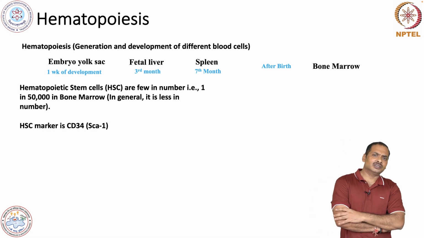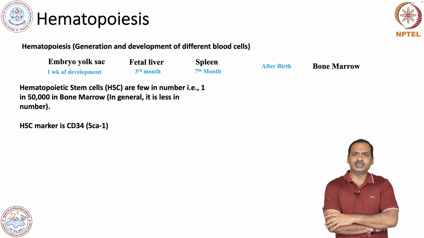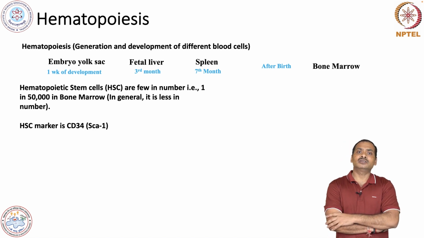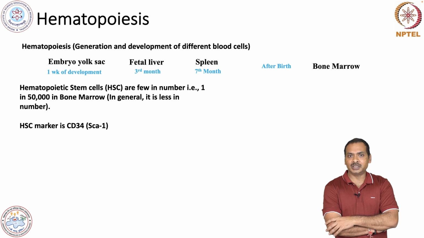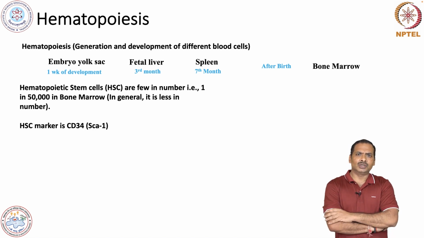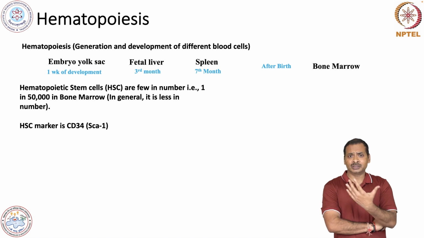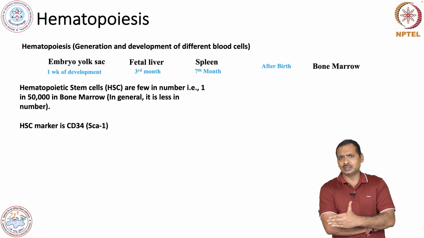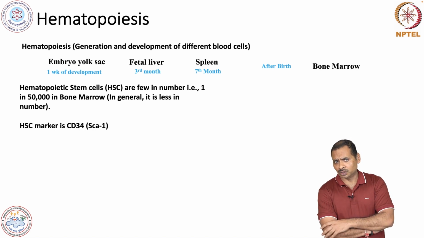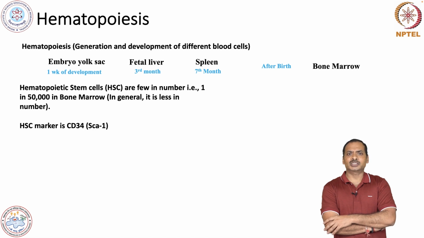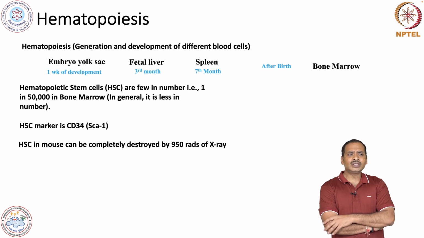And in fact, we use this marker to isolate the hematopoietic stem cell when performing various experiments. Here I am giving a note about the mouse, because whatever immunological studies we are doing, we are mostly doing using the mouse model. So, here I will talk about some of this mouse experiment as well.